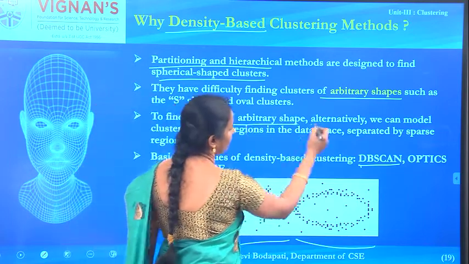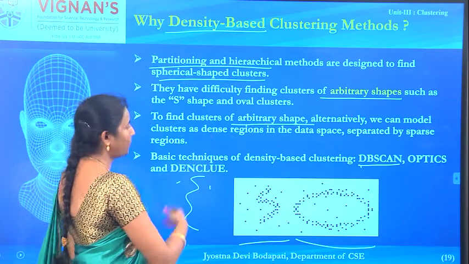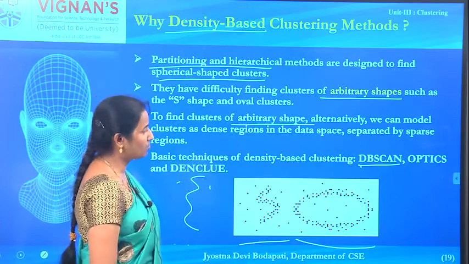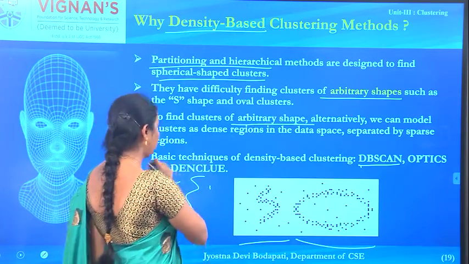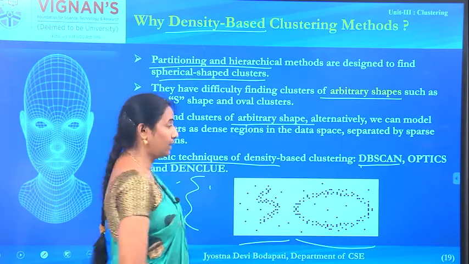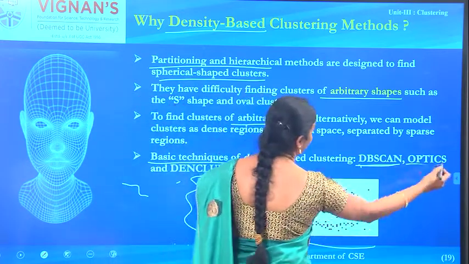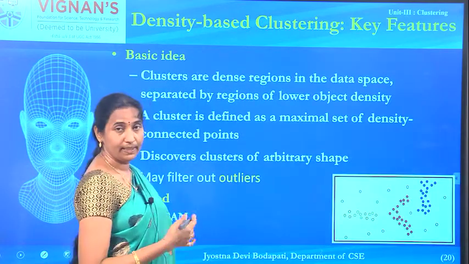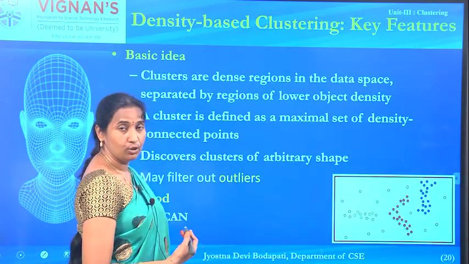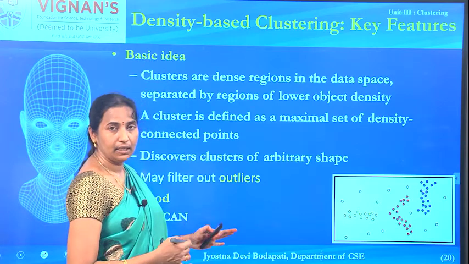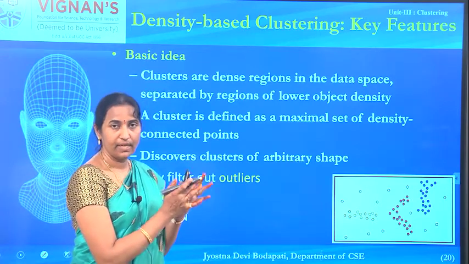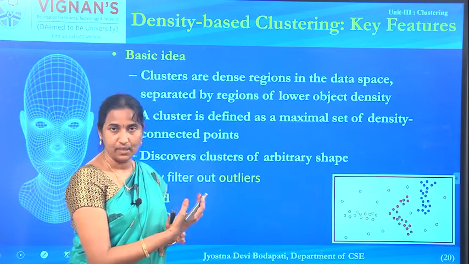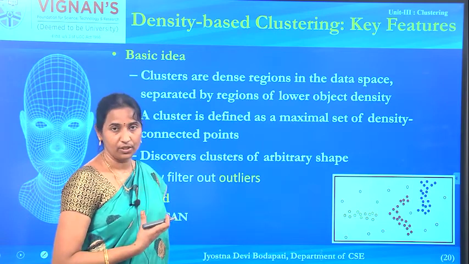To find these arbitrarily shaped clusters, we can model the clusters as dense regions, and some of the popular density-based clustering algorithms are DBSCAN, OPTICS, and DENCLUE. The basic idea is that in the dense regions there is a possibility of having clusters rather than in the sparse regions.